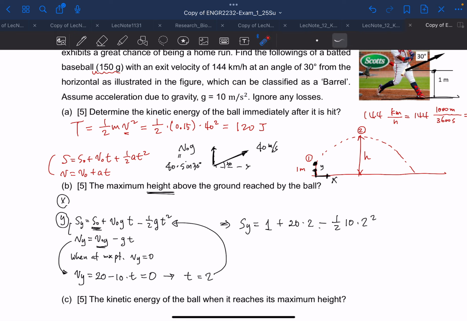And just plug in all the numbers: 20, time is 2, 1/2 g times 2 squared. If my math was correct, we get 21 meter. Okay, so we get our value here like that.